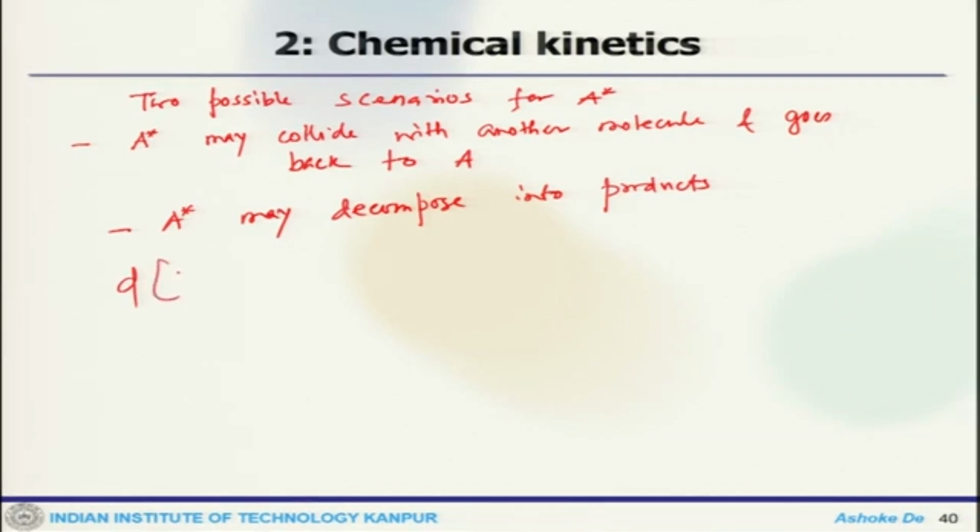So, this would be the rate of products equals K unimolecular reaction to A star.